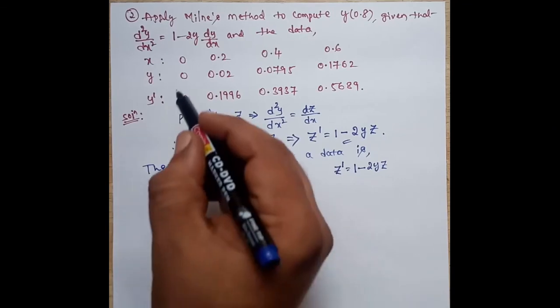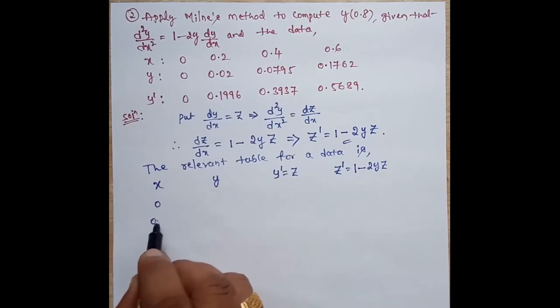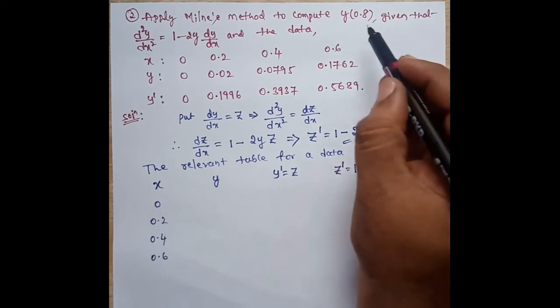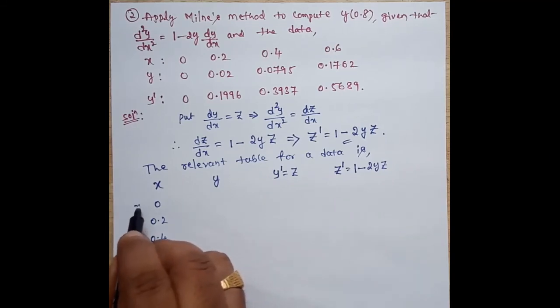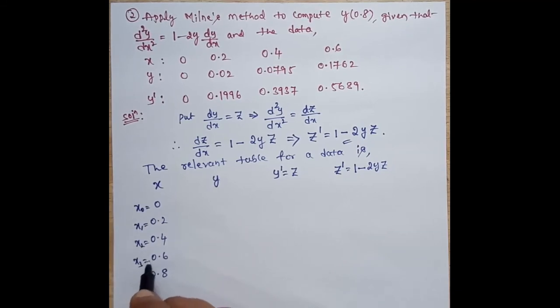Now enter the data. The x values are 0, next 0.2, then 0.4, then 0.6, and one more value of x where I want the final solution, that is 0.8. I can rename these values as x0, x1, x2, x3, and this one is x4.